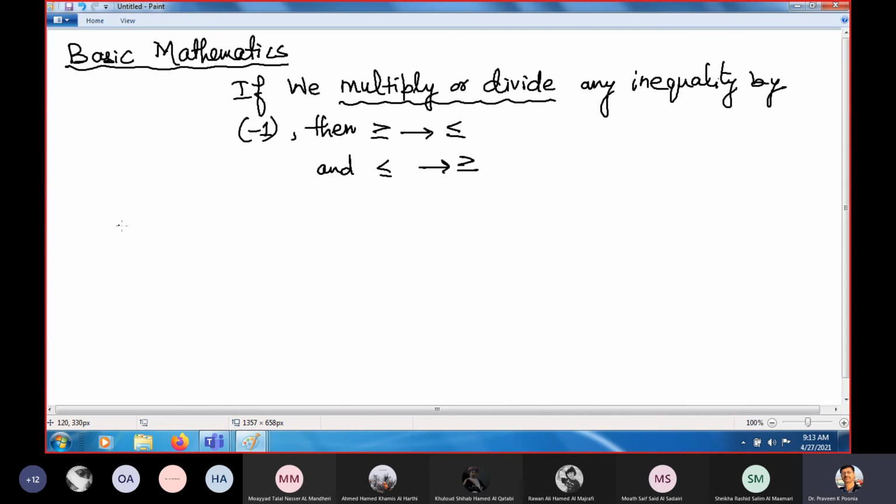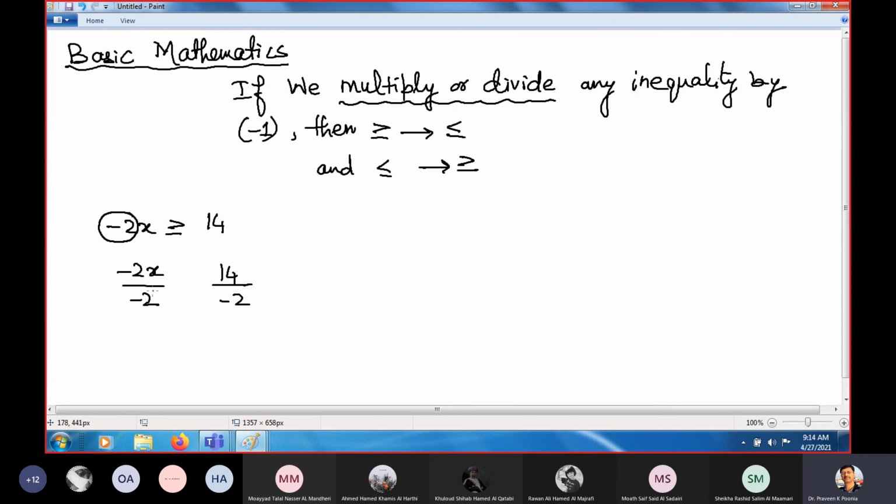How? Say for example you got minus 2x greater than 14. How will you find the value of x? You will divide by minus 2. So minus 2x divided by minus 2, 14 divided by minus 2.